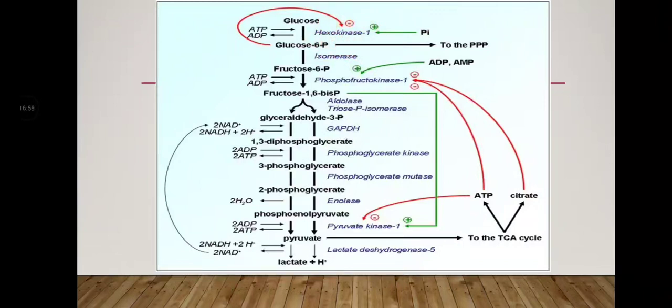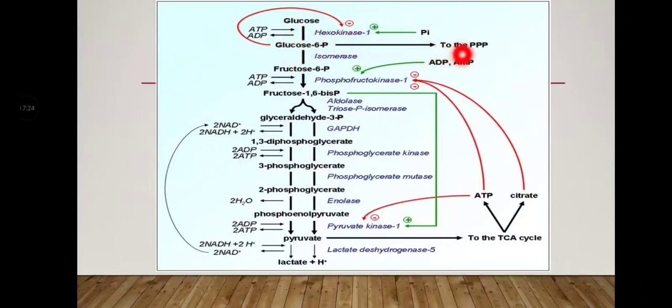But at the same time, it can be inhibited by glucose 6-phosphate. This shows product inhibition. It is inhibited by the product it produces, glucose 6-phosphate. If there's too much glucose 6-phosphate, it will inhibit this enzyme. But if there's too much inorganic phosphate, this enzyme will be activated to produce more glucose 6-phosphate.